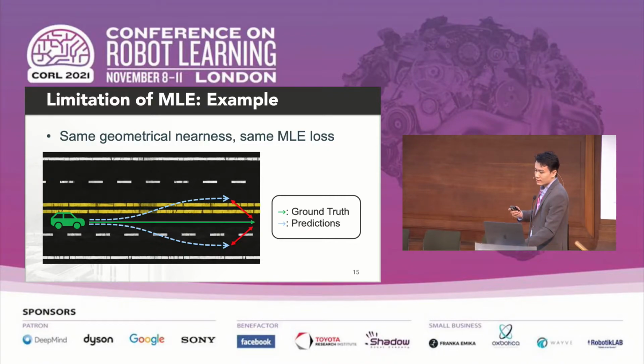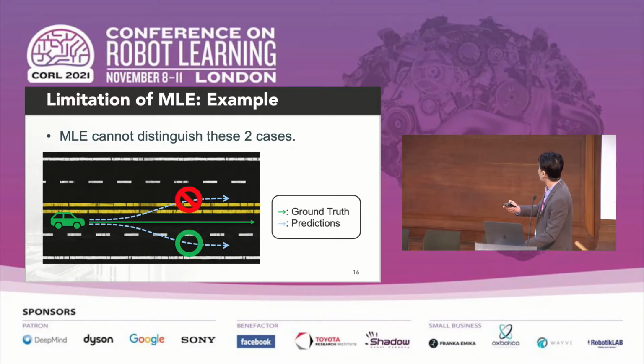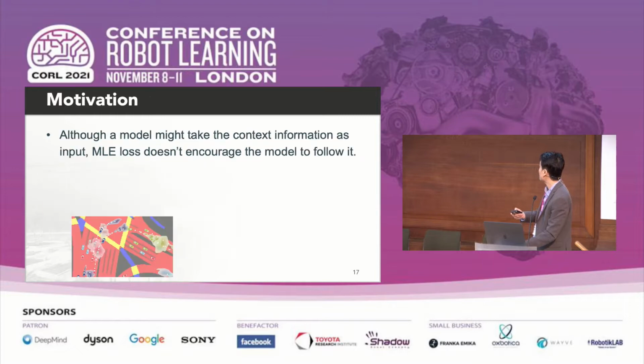As you can see, the geometric nearness of both predictions with respect to the ground truth is actually the same. So the MLE objective provides the same penalty in both cases. But actually the prediction switching to the opposite direction is quite unlikely to happen and should have a higher penalty. MLE loss cannot distinguish these two cases.